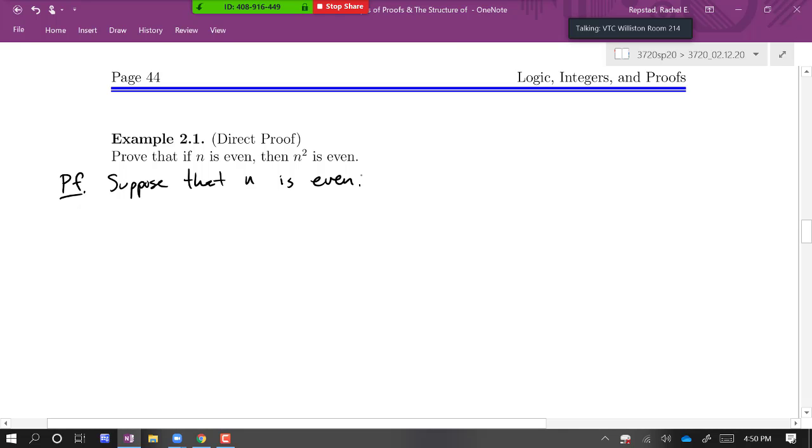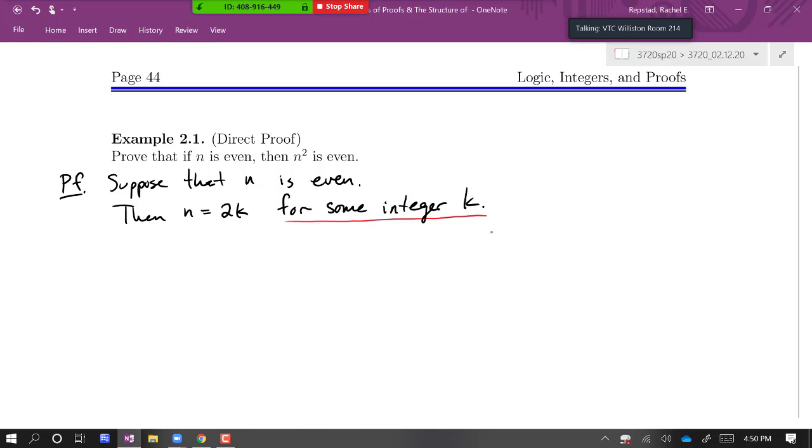So if n is even, then we know n is equal to 2k for some integer k. This part at the end, for some integer k, is really important because I can write 3 as 2k if k is 3 halves, right? So it's important that we have that statement that k is some integer.